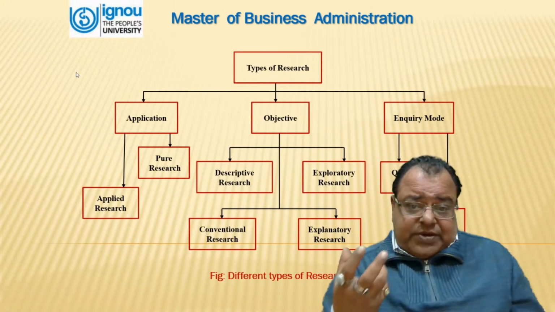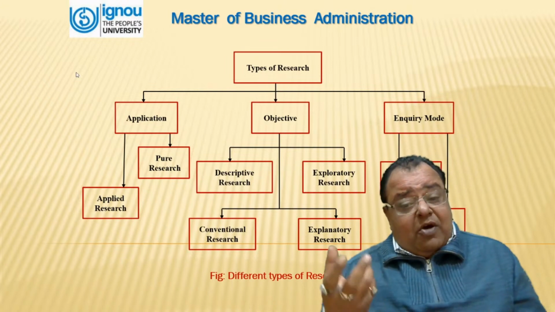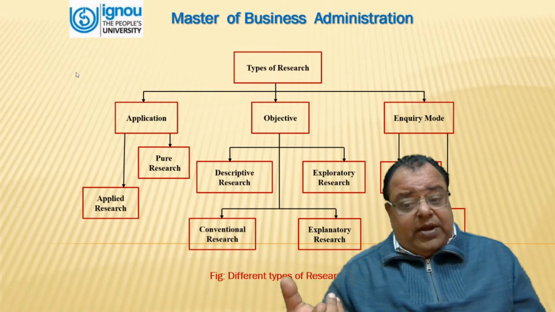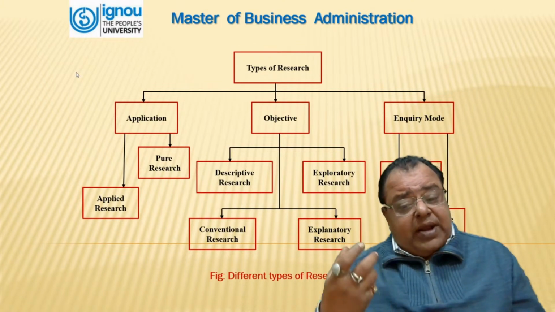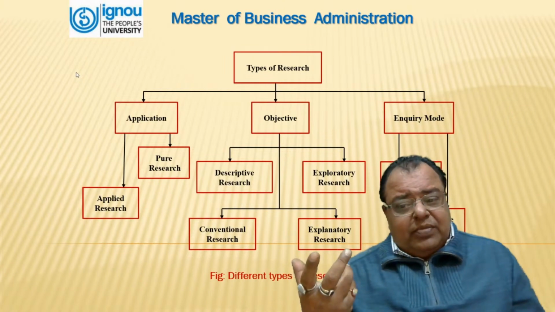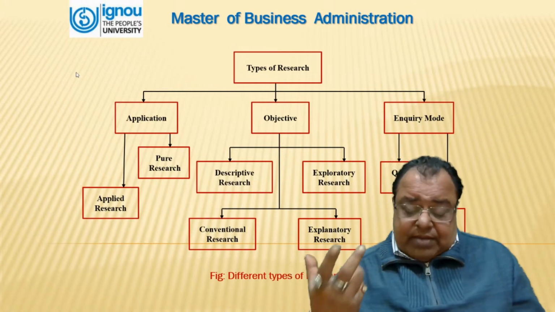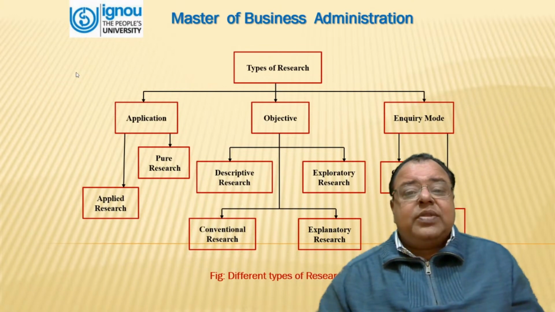If it is objective oriented, it can be descriptive or exploratory, or it can be a correlational research or an explanatory research. If we move to the inquiry mode, it can be either qualitative or quantitative.